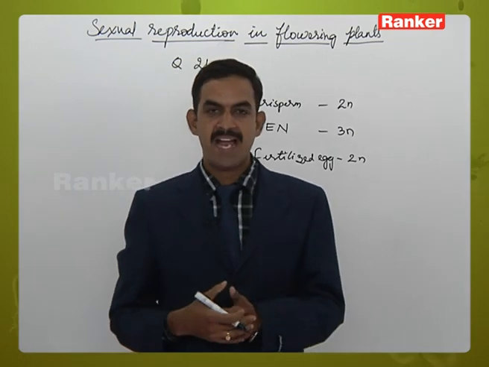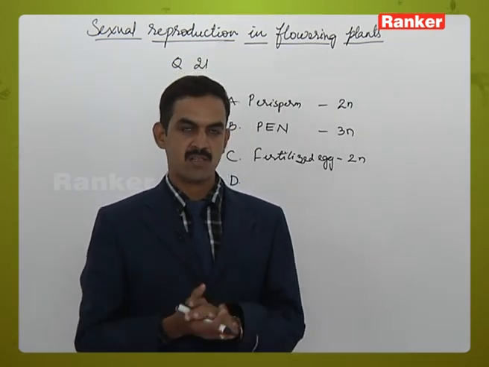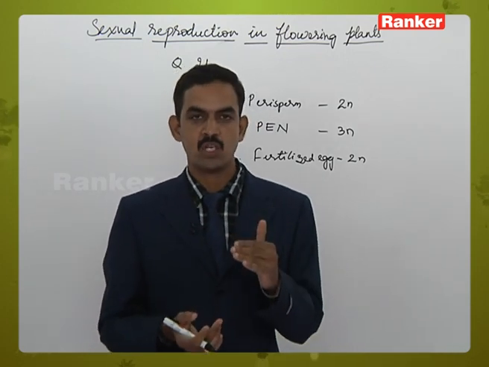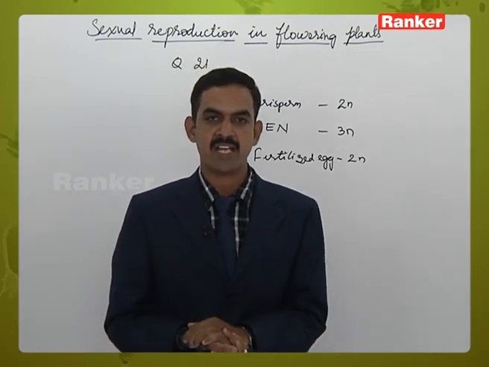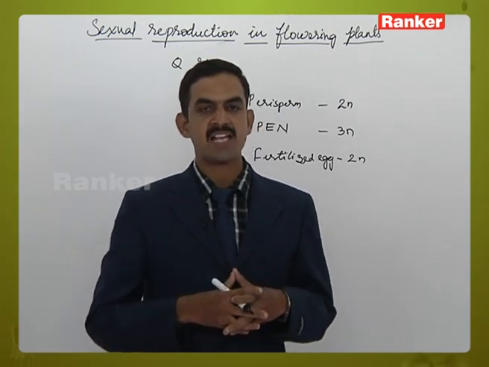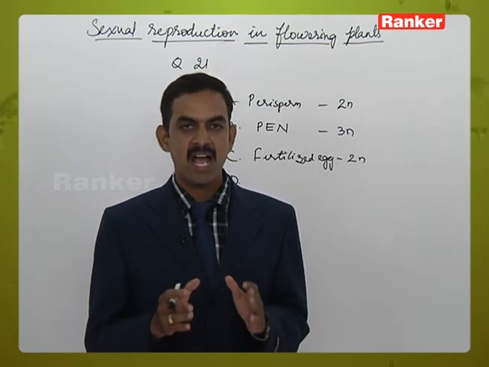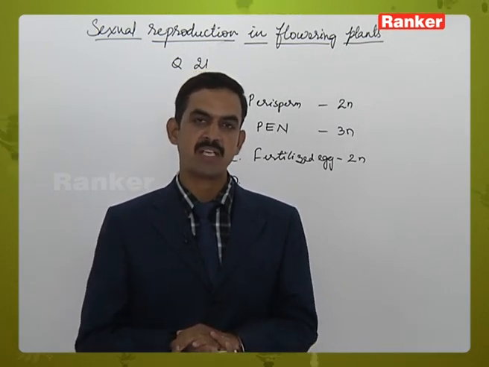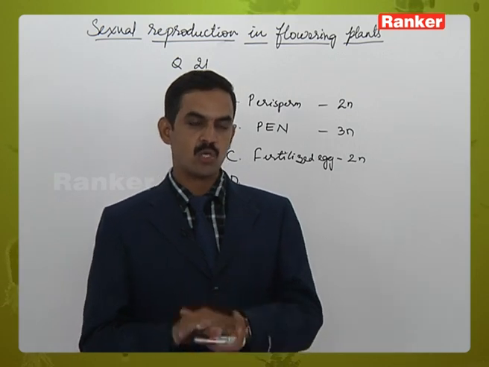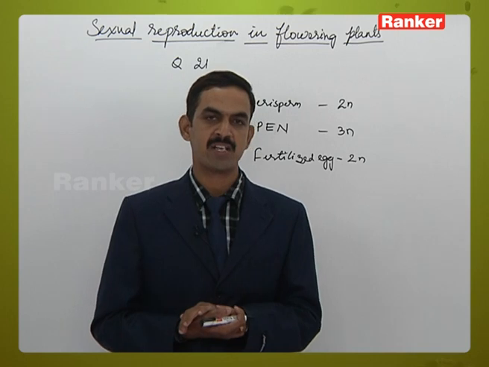Next, antipodal. Antipodal is a group of 3 cells present towards the chalazal end of the embryo sac, which are structurally similar to each other, and these antipodals are considered the smallest cells of the embryo sac and vegetative cells of the embryo sac. They are called vegetative cells because they do not participate in fertilization at all.